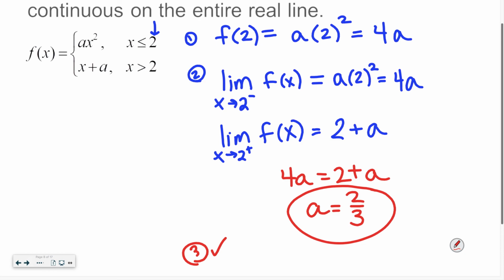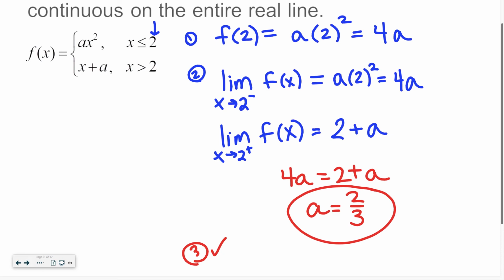Questions about that before we move on to types of discontinuity? Okay. There are 2 types of discontinuity, and it kind of goes back to what our conversation was before about what can be happening in our rational functions.